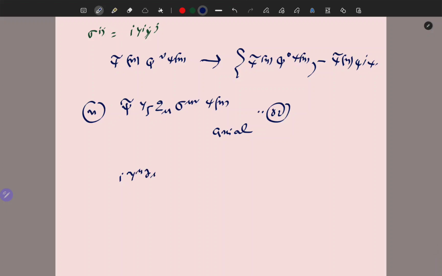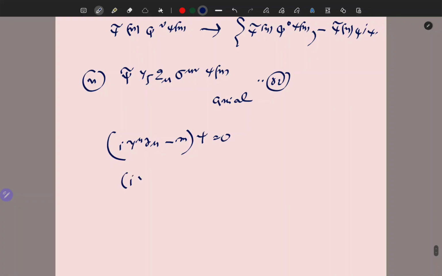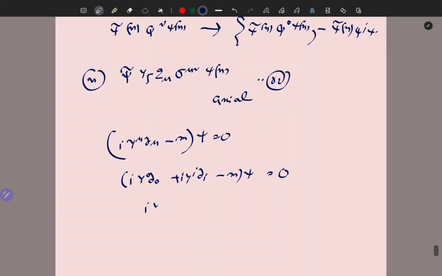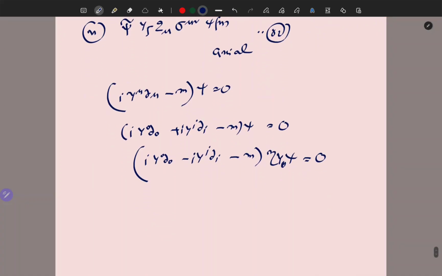(i γ^μ ∂_μ − m)ψ = 0, which is (i γ^0 ∂_0 + i γ^i ∂_i − m)ψ = 0. Under the parity operation it is transformed like that: (i γ^0 ∂_0 − i γ^i ∂_i − m) η γ^0 ψ = 0, which is η γ^0 (i γ^0 ∂_0 + i γ^i ∂_i − m)ψ = 0, which is 0.